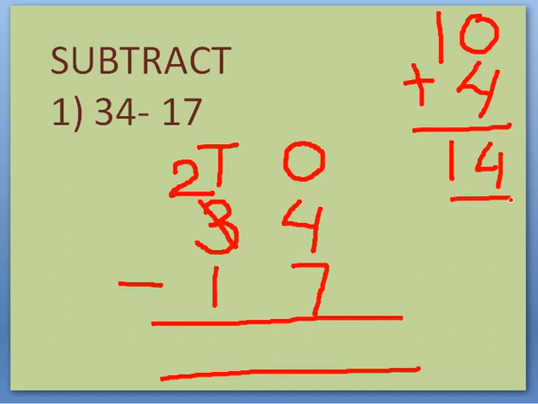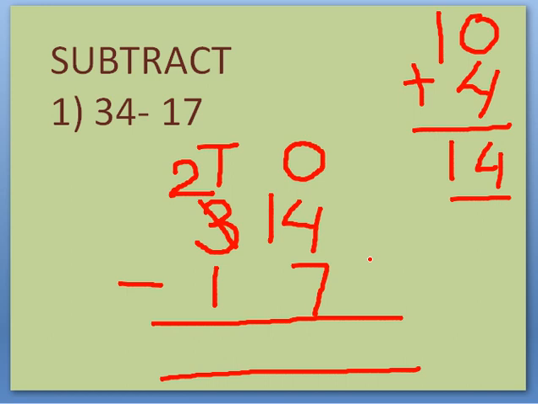That is why when we borrow from tens place, we write it before the ones digit. So before 4 we are writing 1 here, it becomes 14, and now we can subtract 14 minus 7. And how will we do the subtraction?